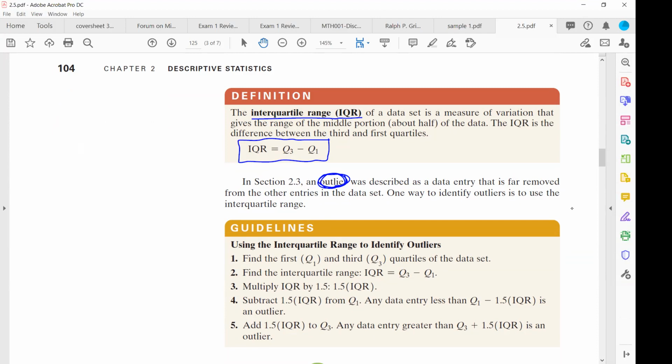First step, find first quartile, then find third quartile, then do the subtraction, subtract first quartile from third quartile, interquartile range, then after finding this number, multiply that by 1.5.